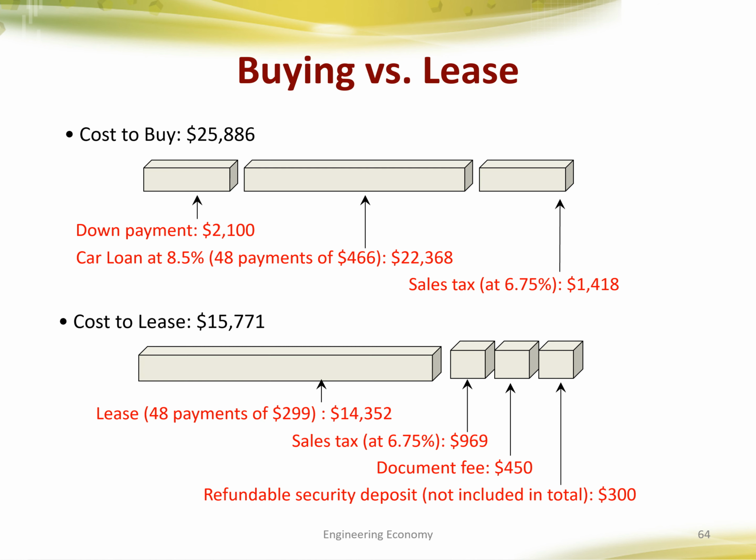Another very practical example that we'll encounter very often is between buying or leasing. Of course, for buying and leasing, there could be a lot more factors that we can consider. But just assume that in this case, buying is just you borrow money and buy the car and pay back the money you borrow over a period of time.